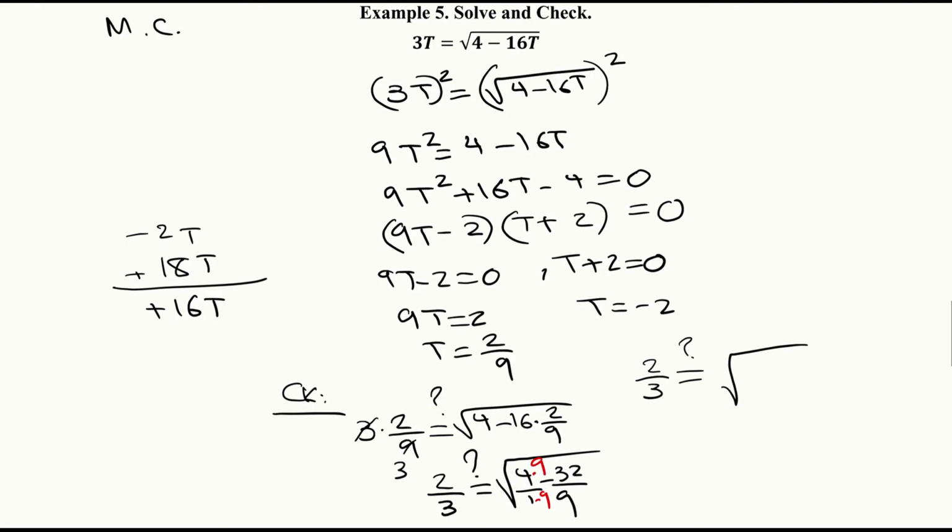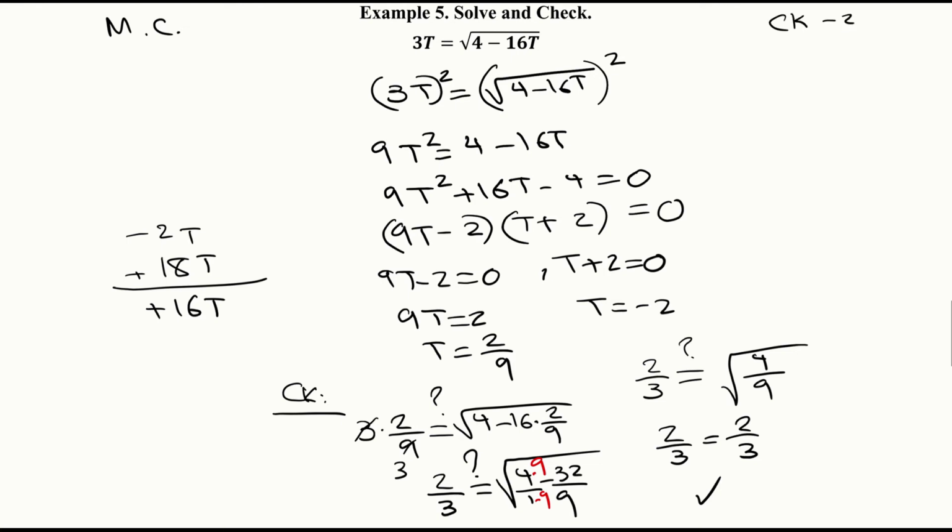So we end up with 36 minus 32 here, which is 4, and downstairs we're going to have 9. And of course, the square root of 4/9 is 2/3. So we get 2/3 equals 2/3. This one checks out.